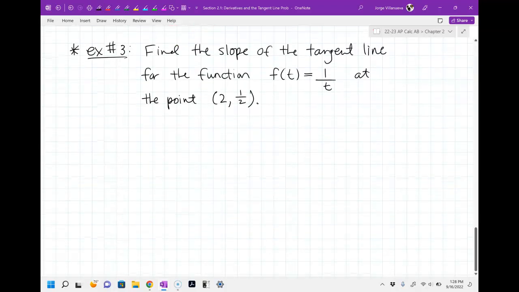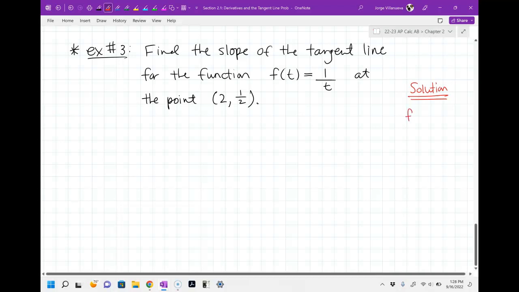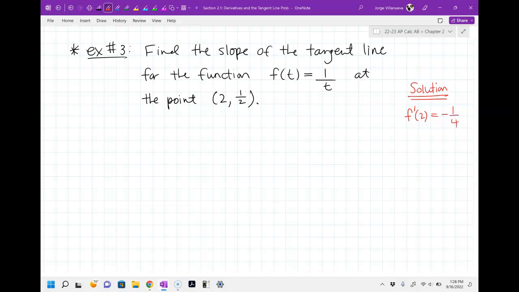I'll give you the answer just so that you won't be like, I don't know what the answer is. The answer is negative 1/4. So the solution, to write it correctly: f prime at 2 is negative 1/4.